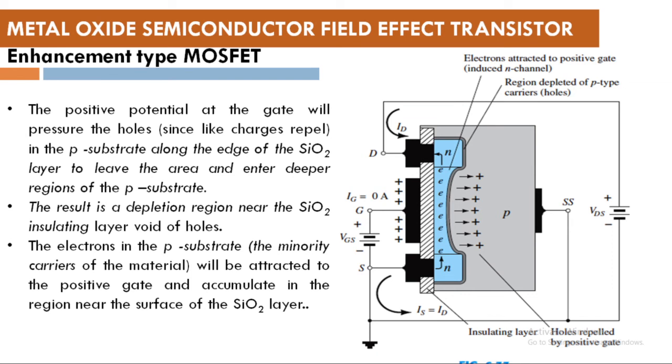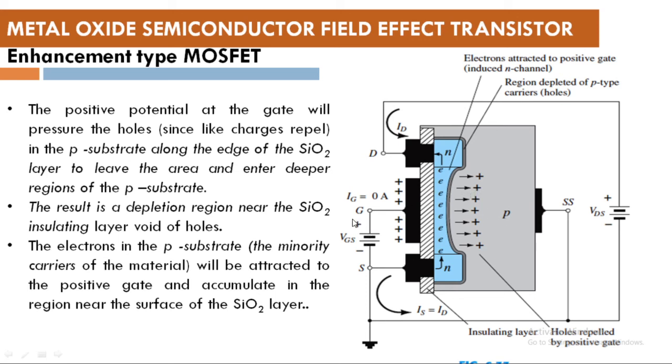So how to create the channel? When we apply positive bias to the gate, between gate and the source, what happens? We have a positive layer at the dielectric. So what will happen? It will try to attract the minority carriers, which are electrons in the P substrate, towards it.